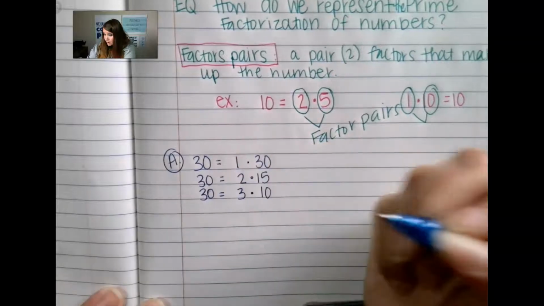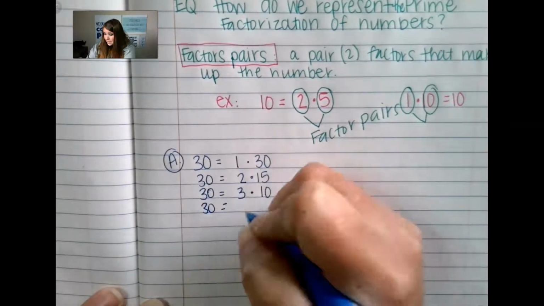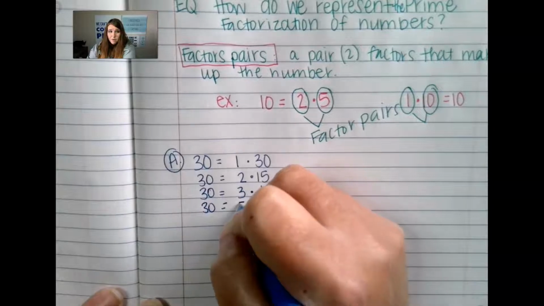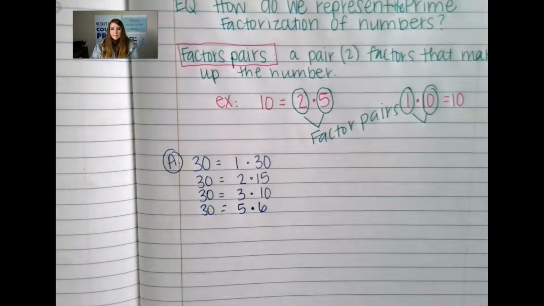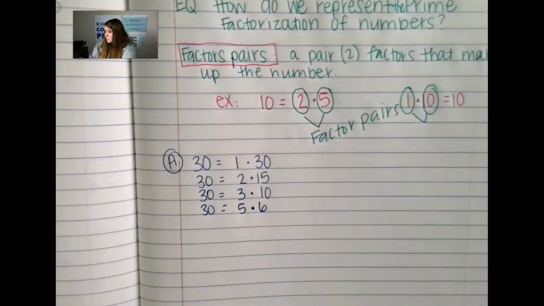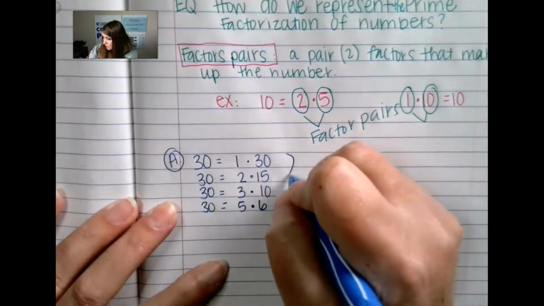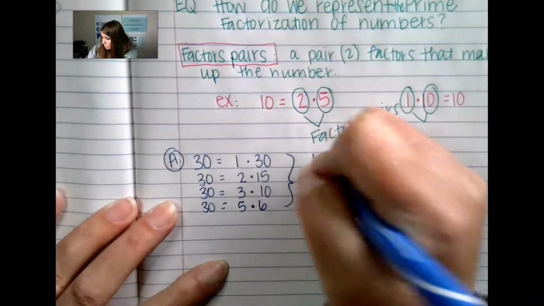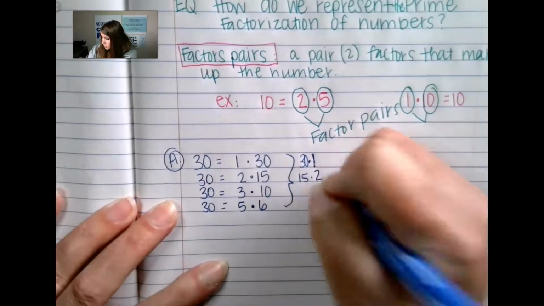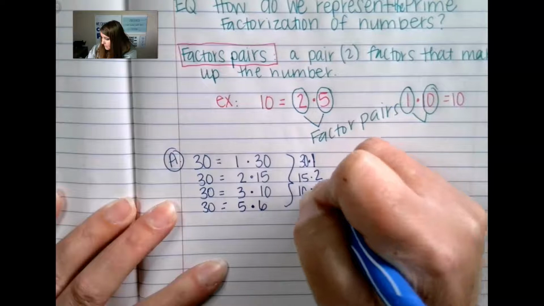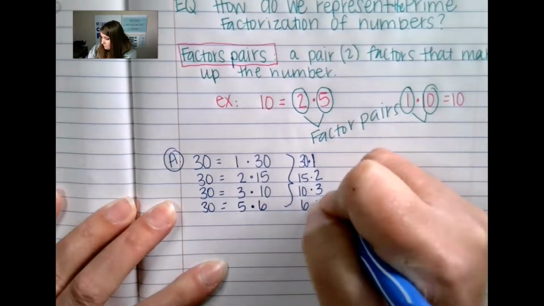Another factor pair, or another way to represent 30, is 5 by 6. That is another factor pair. Another factor pair would be 6 by 5, but that one is already listed. So you can put these all in the opposite way: 30 by 1, 15 by 2, 10 by 3, and 6 by 5.